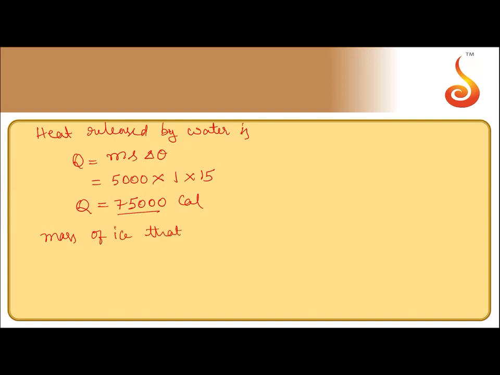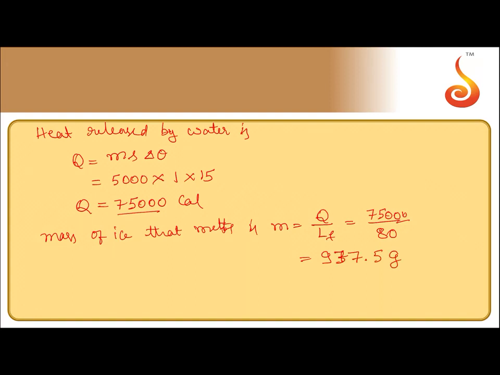that melts is m is equal to Q by latent heat of fusion. So, that should be equal to 75,000 divided by 80, that should be equal to 937.5 gram.